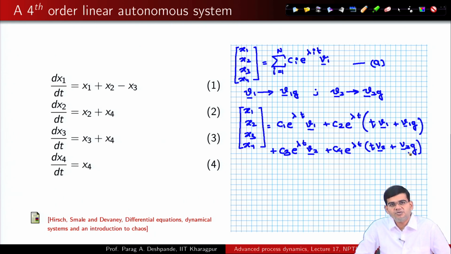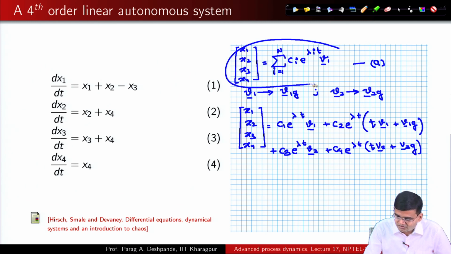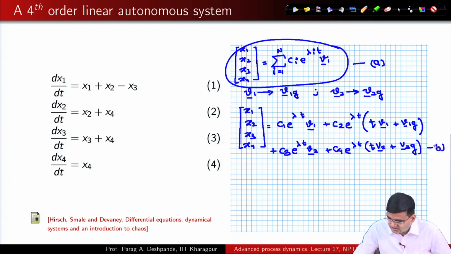This is the formula. Formula 1 is for the linearly independent eigenvector, and the second formula, given by B, is when you make use of generalized eigenvectors.